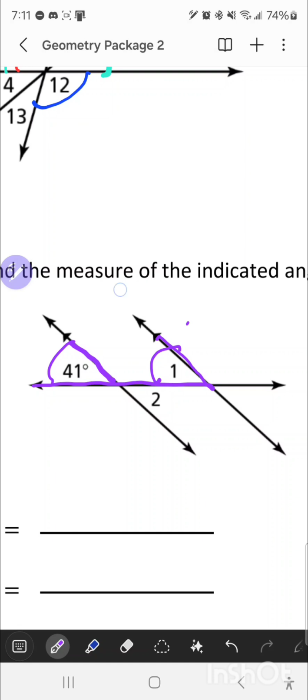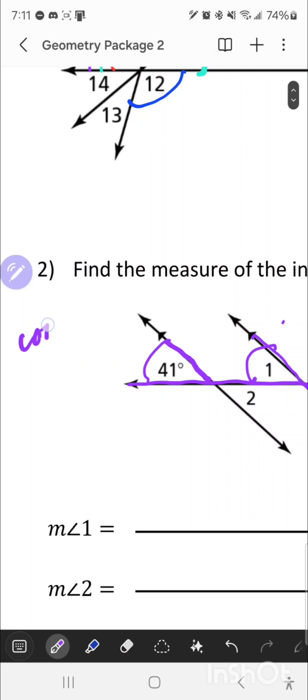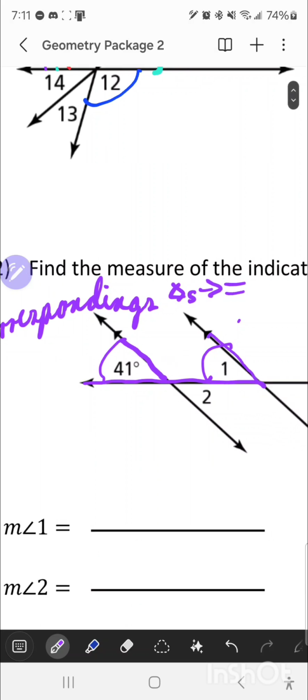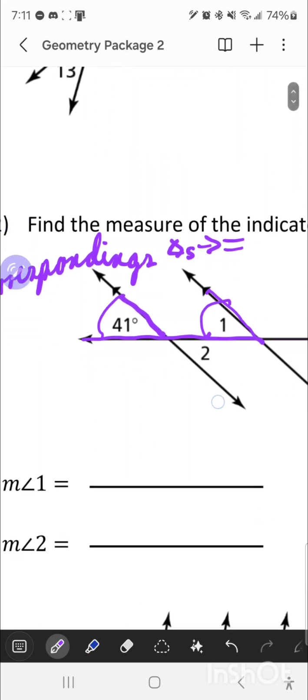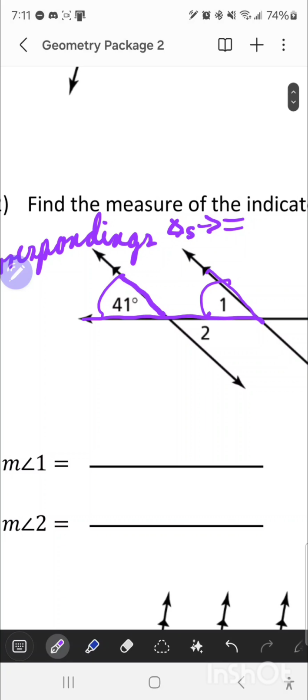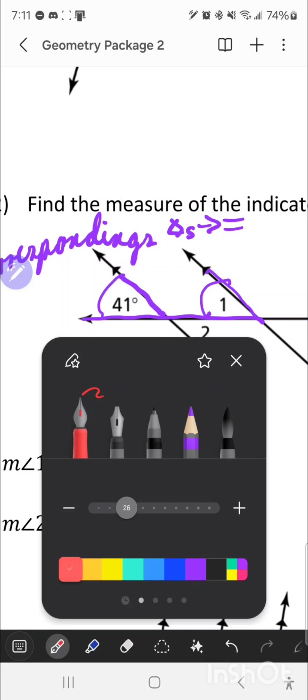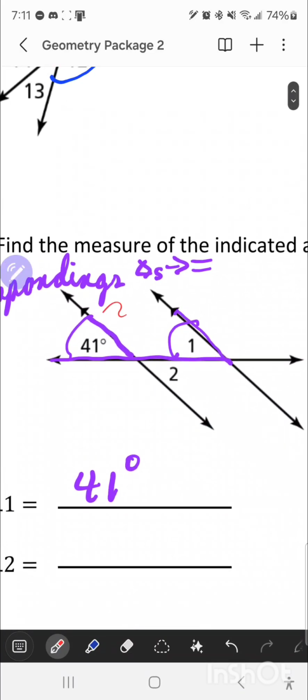And as I explained before, corresponding angles are equal. So if corresponding angles are equal, this is 41, then the measure of angle 1 will be 41 degrees.